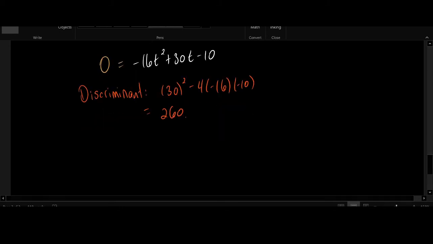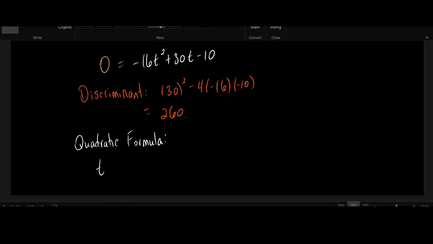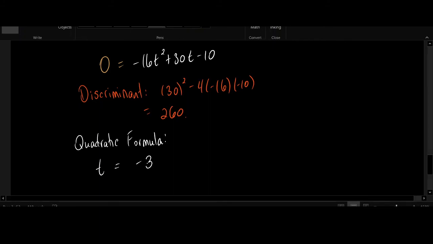So let's use the quadratic formula here. The quadratic formula tells us that t is equal to negative b, negative 30, either plus or minus the square root of the discriminant, divided by 2 times the a value.